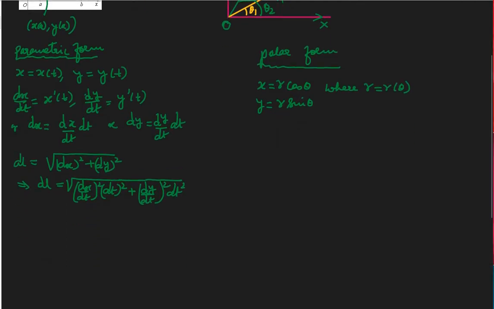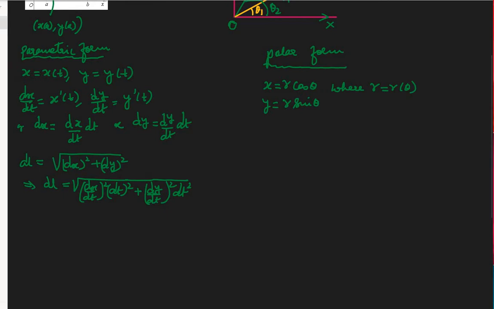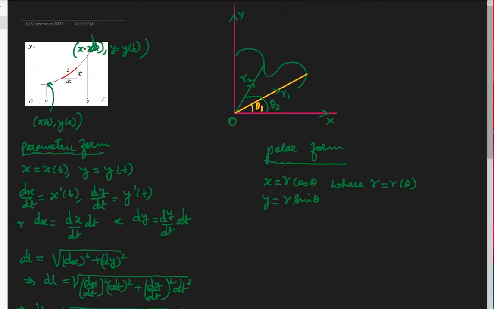Now this implies that dl is equal to, since dt square is common and the square root of dt square is dt, square root of (dx/dt) the whole square plus (dy/dt) the whole square, into dt.